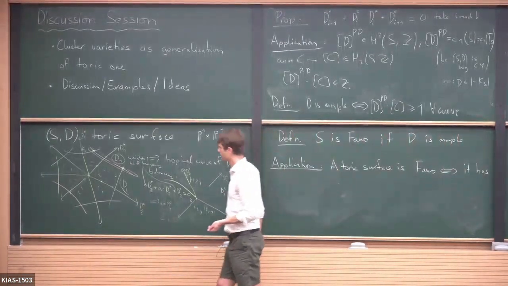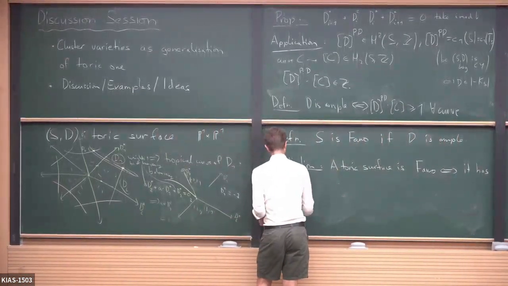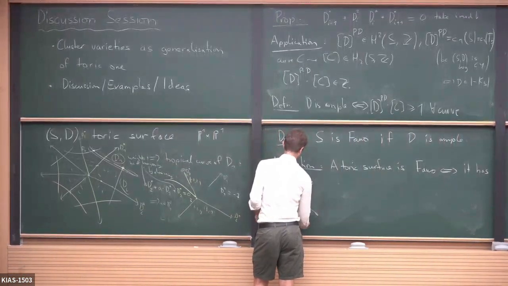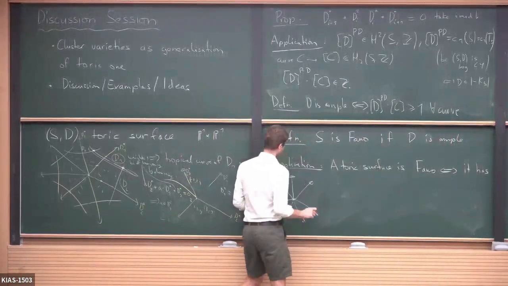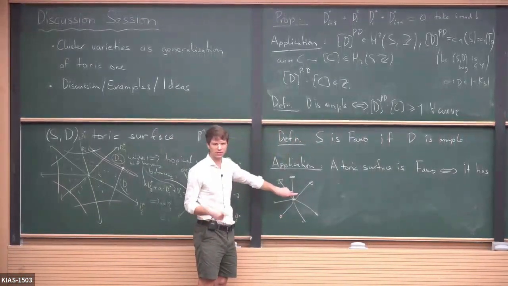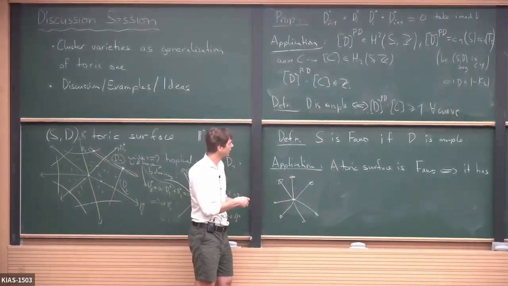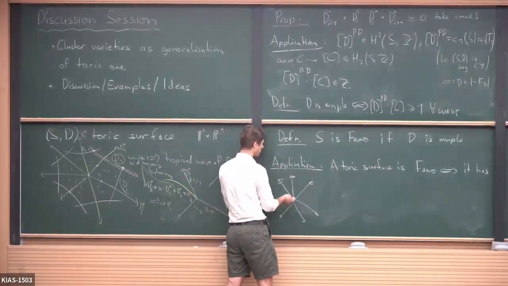Okay, so now, sorry, I need to formulate this well. Let me just tell you the proof, and then we write down the result. So this is a toric surface with its fan.